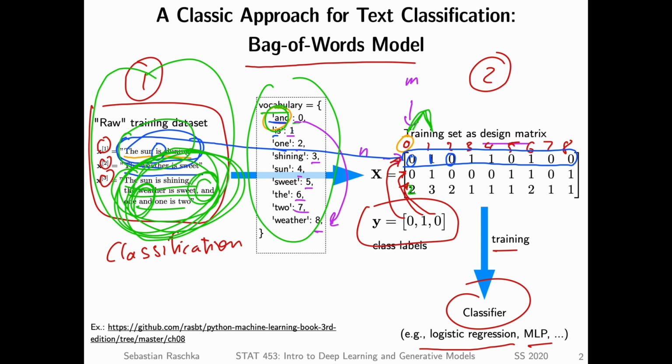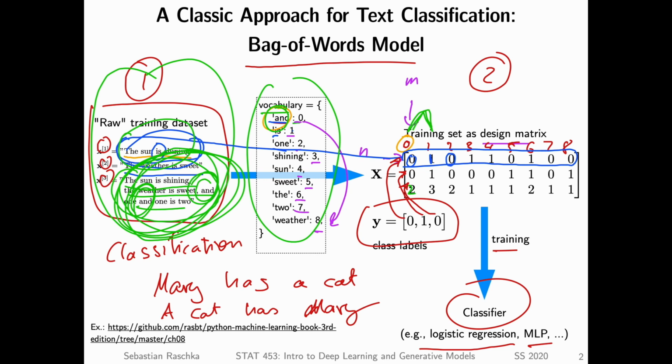But again, the problem with that approach is that we don't really maintain the sentence structure. So here we may lose valuable information, because, for example, if I have a sentence like "Mary has a cat", or "a cat has Mary", which doesn't really make sense, in both cases this would create the same vector, the same bag-of-words embedding, although the sentence has a totally different meaning.